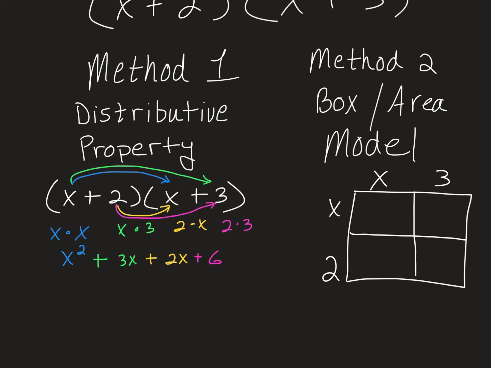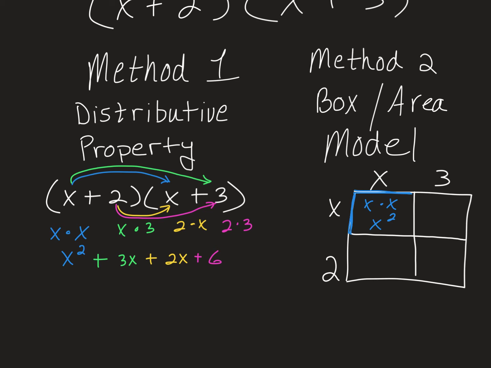So to find the area of the little top left box here, we're going to multiply the length, which in this case is x, times the width, which is x, and x times x gives us x to the second power.